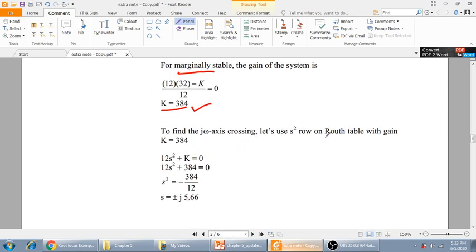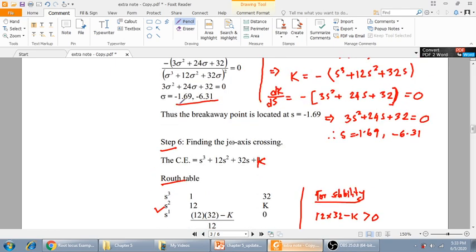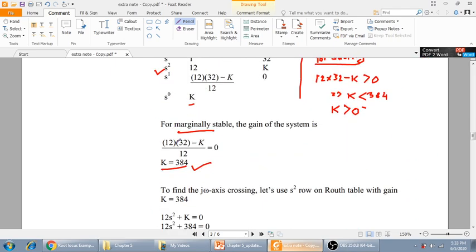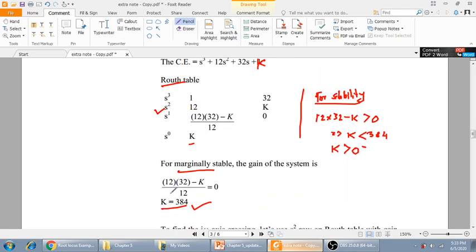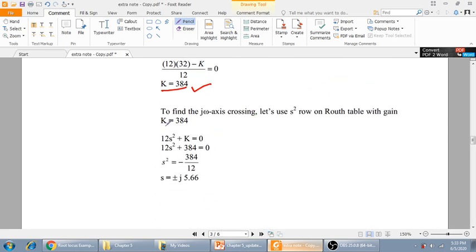From here it will be 12s squared plus K equals 0. Then you can find s squared, and s equals, because it's negative, plus or minus j 5.66. So these are the crossings on the j omega axis for K equals 384.